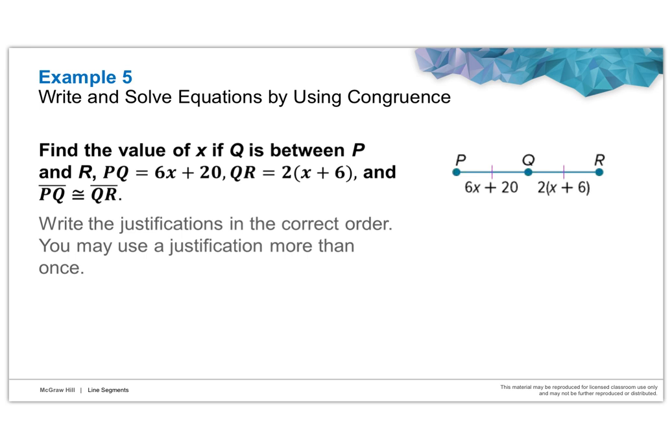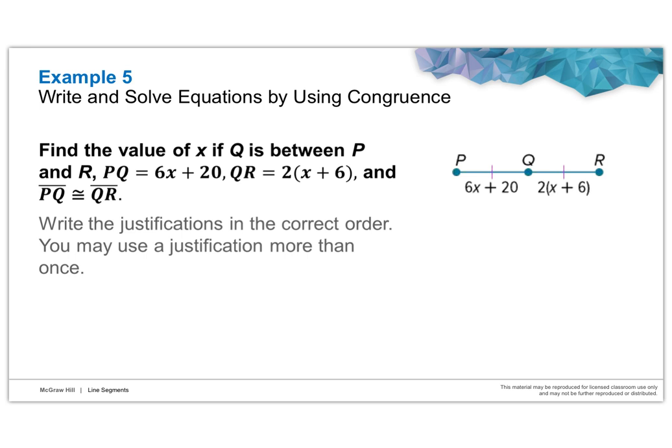All right, so putting all the concepts from this lesson together, now we're going to write and solve equations by using congruence. So we're going to have algebraic pieces to this and use the idea of measures that are the same from congruent segments. It says, find the value of x if Q is between P and R, PQ is 6x plus 20, QR is 2 times the quantity x plus 6.